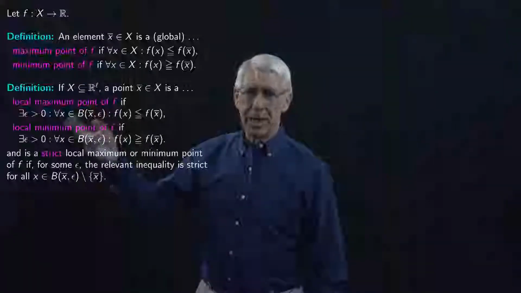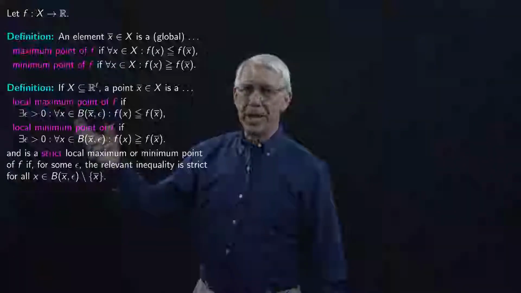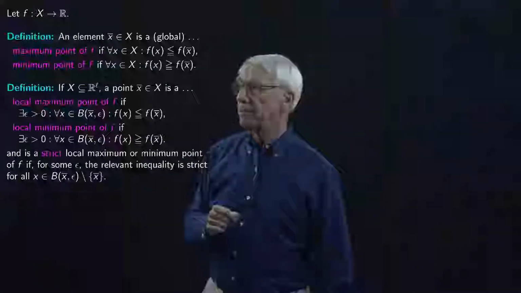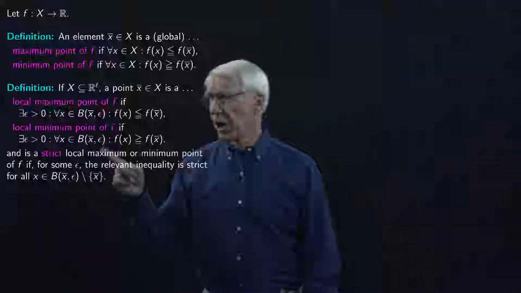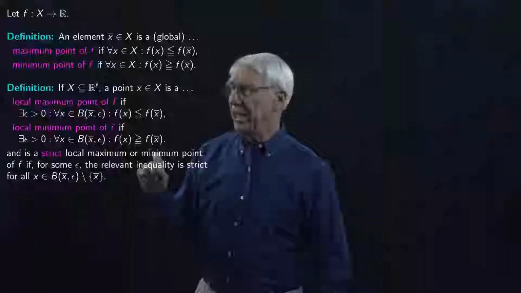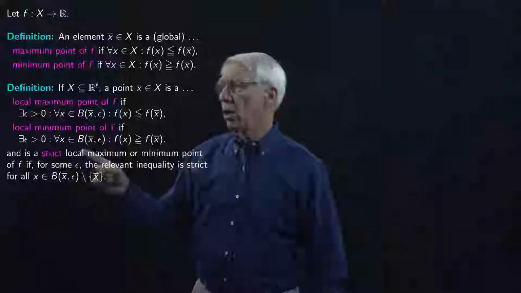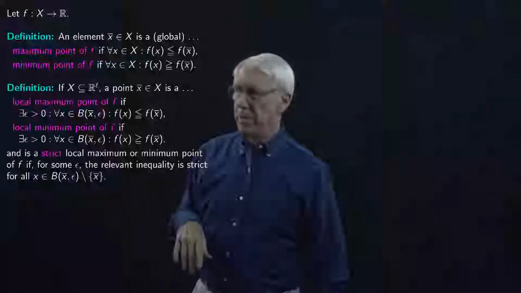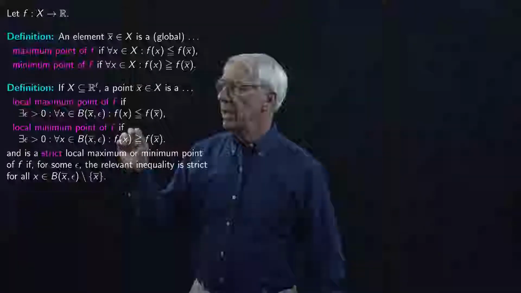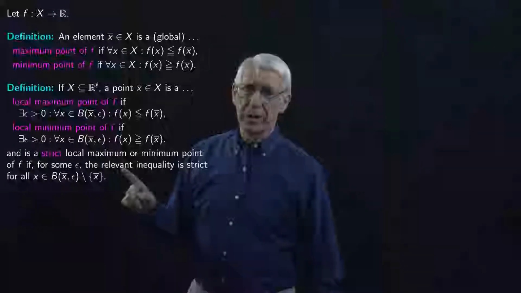And of course, the same thing for local minimum. We have a local minimum at x bar if there's a neighborhood of x bar on which f is minimized at x bar. And you'll note also in the definition an extra idea that's actually useful and important, and that is we say that we have a strict local maximum or minimum if, as it says, for some epsilon, the relevant inequality is a strict inequality.